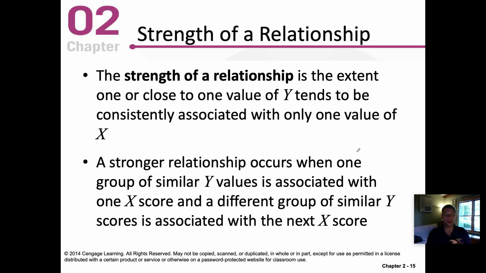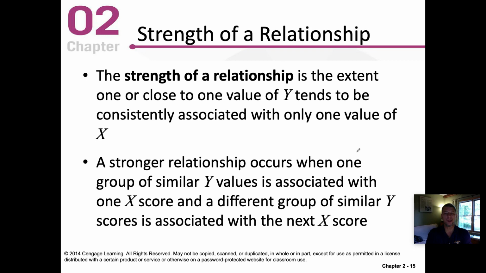So the strength of a relationship is the extent to which one or close to one value of y tends to be consistently associated with only one value of x, all right? The stronger the relationship is, the more consistent that pattern becomes.